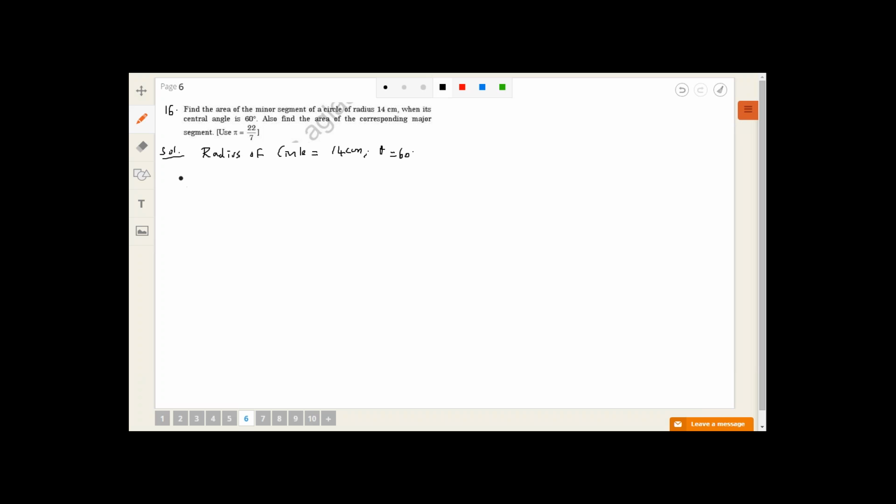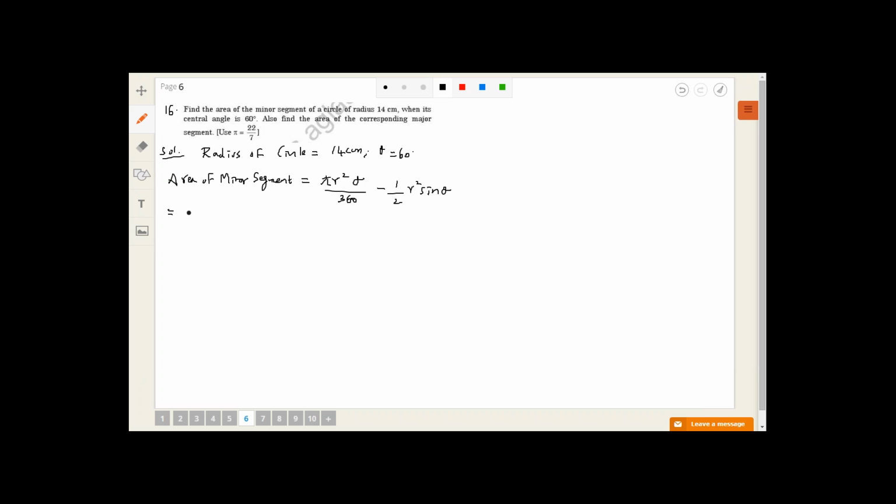So the formula to calculate the area of the minor segment is equal to pi r square theta by 360 minus half r square sin theta.